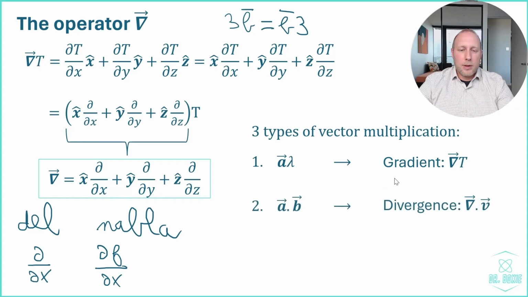There was the dot product, and if we treat del again as a vector, but instead of multiplying it, dotting it with v, we use the same rules as for the dot product, but by applying it to a vector field v, we get a new kind of derivative known as the divergence. And if we use the rules for the cross product, we get again a new kind of derivative of vector fields known as the curl.